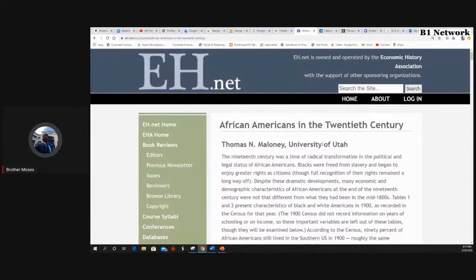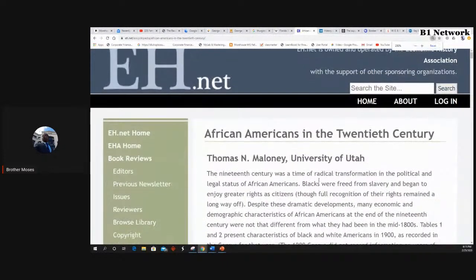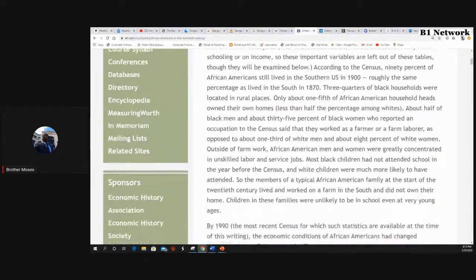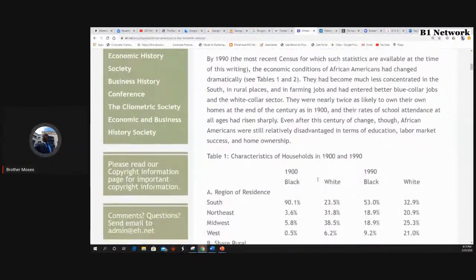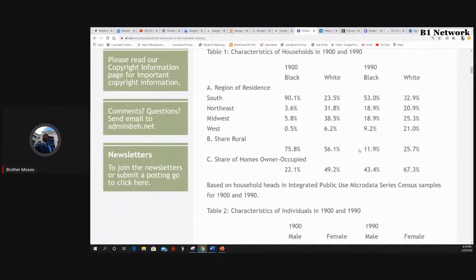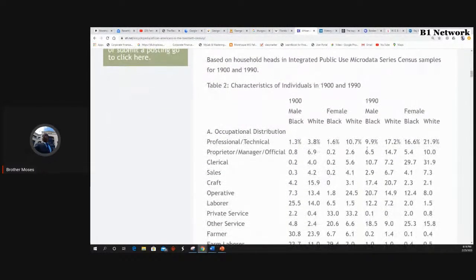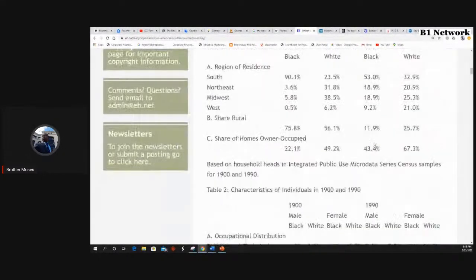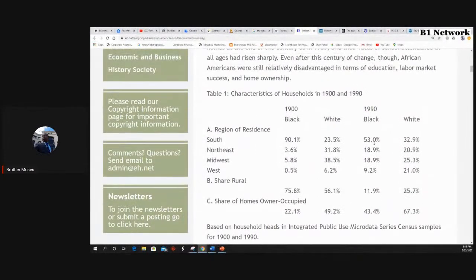I think I gave us this. Oh yeah, this is the chart that I recreated, the characteristics of the households in 1900 versus 1990. As we see here in 1990, they'll show you what careers they had, professions, and all of that.